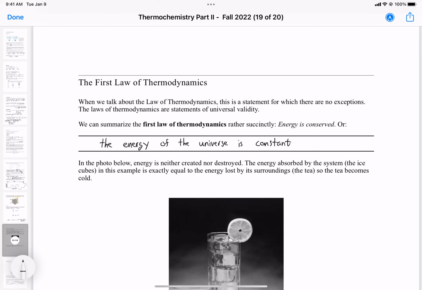Okay, so the energy of the universe does not change. What happens is that forms of energy are being converted to different forms. So it's not like energy is being lost, it's just being converted to another form, so energy is constant.